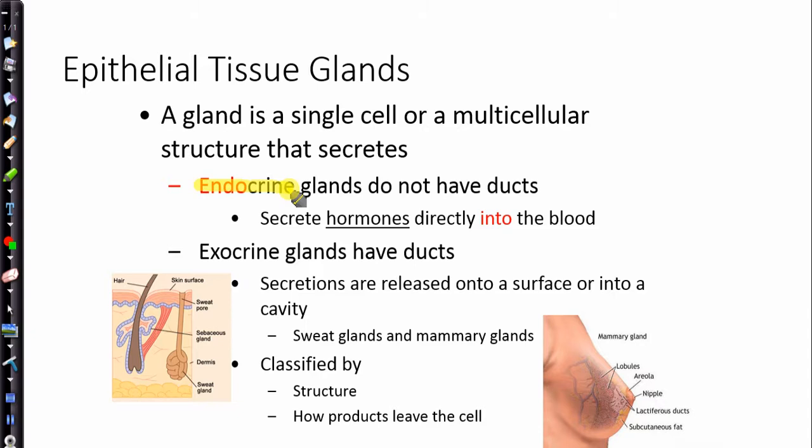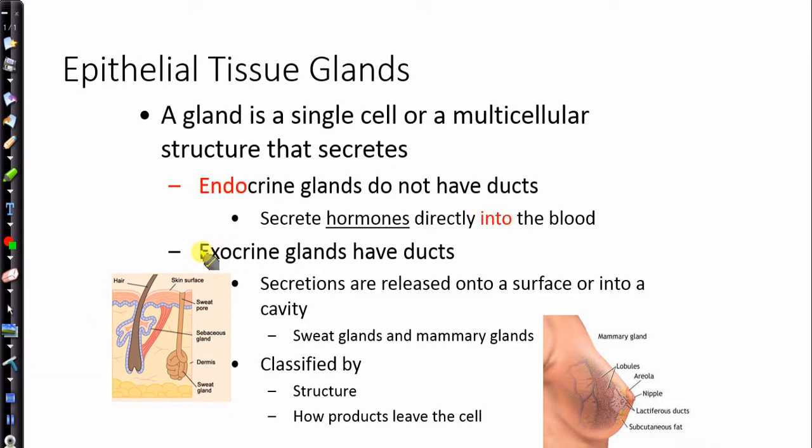They actually are going to secrete their products directly into the blood, and their products are hormones. So think about testes or the ovaries or part of the pancreas or the thyroid. These are going to be places where you're going to produce a hormone product and put it directly into the bloodstream. So endocrine into the blood, that's how I remember it.